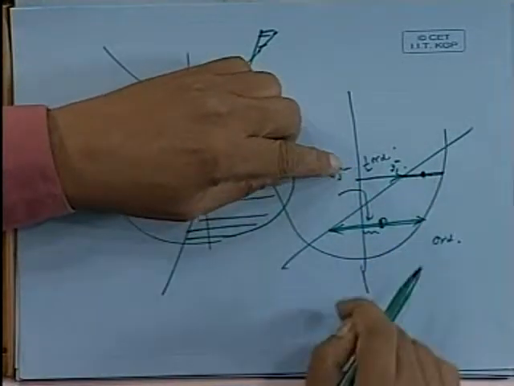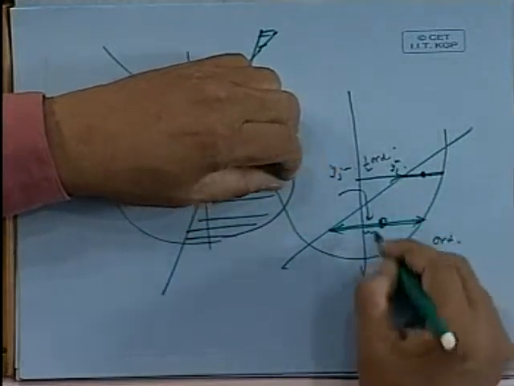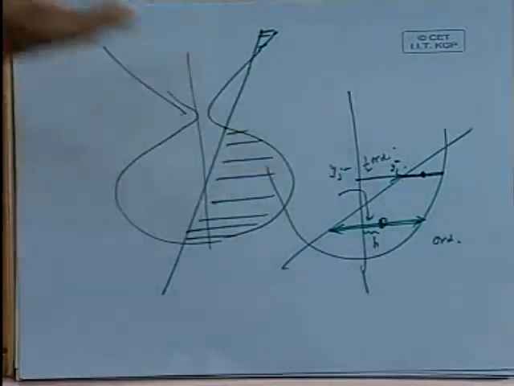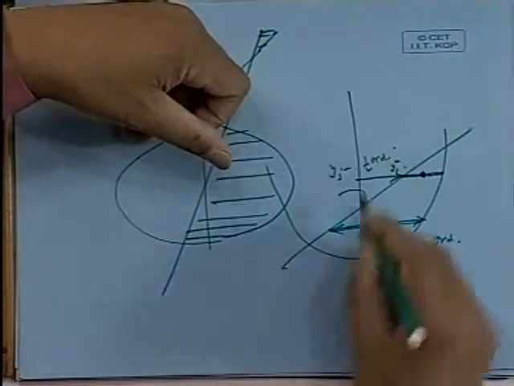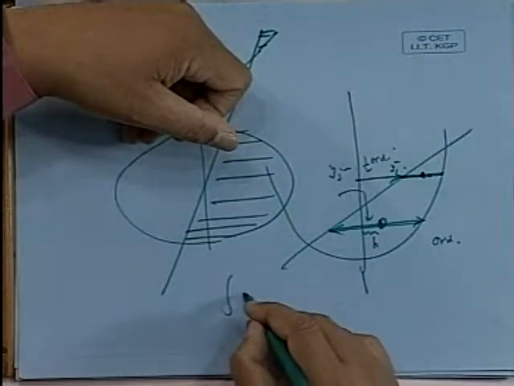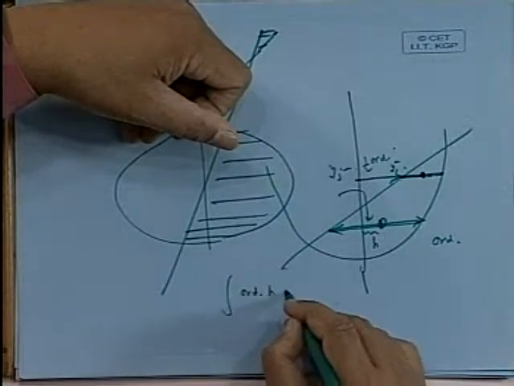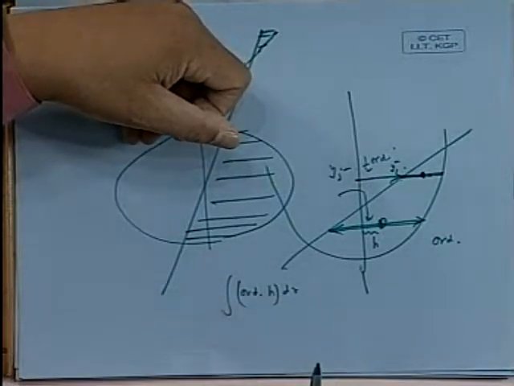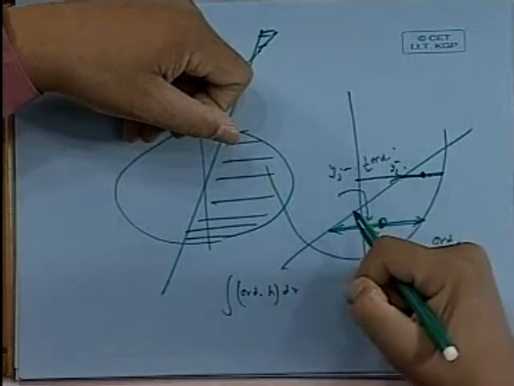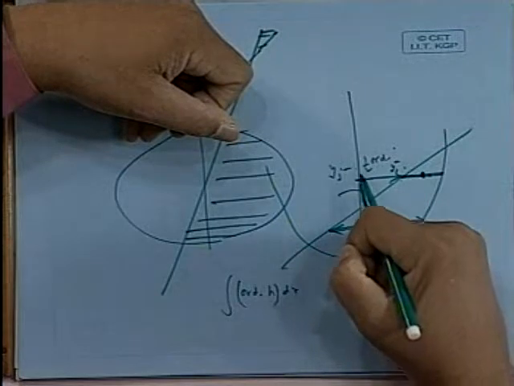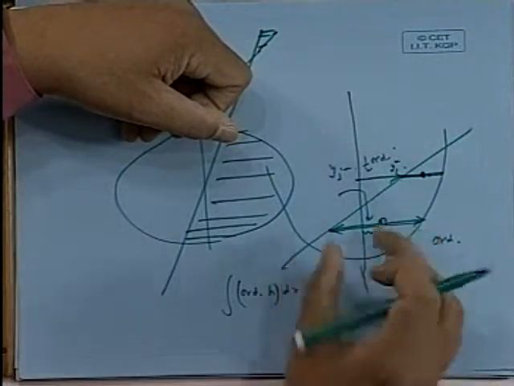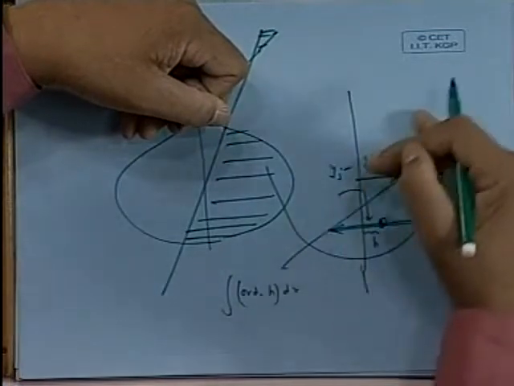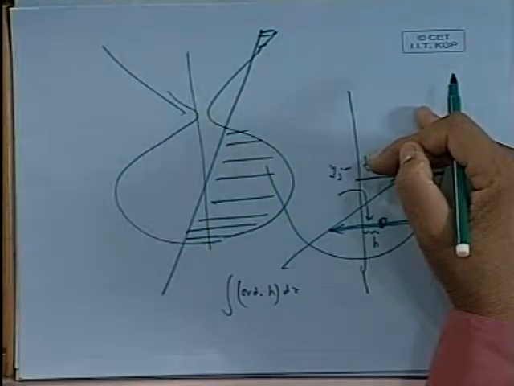So like that, the location of the center, if I call this h, can be found out again in one line for the various conditions, and the moment about that is nothing but ordinate into h dz. See, when I am doing Simpson's rule, if I take the ordinate and use Simpson's rule, then I get the area. If I take the moment of the ordinate about this line and Simpsonize them, I get the transverse volume. Okay.